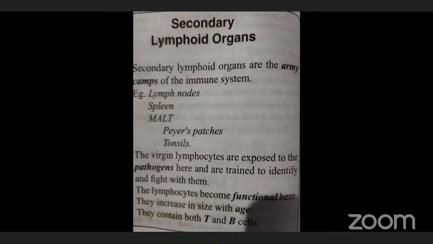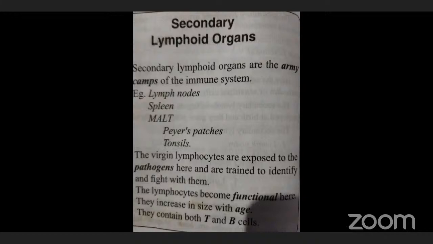Clear? So secondary lymphoid organs are concerned with the immune reactions, because that is the functional one. In the secondary lymphoid organs the lymphocytes, I mean T and B lymphocytes, are made functional.